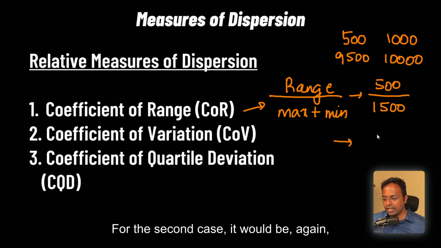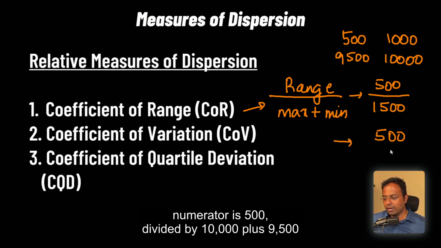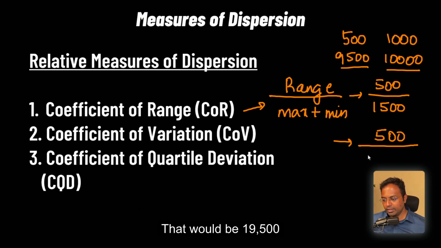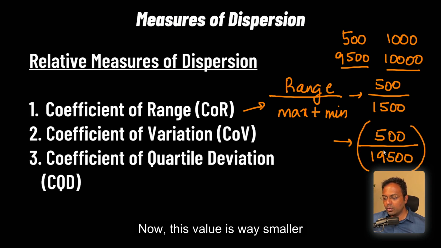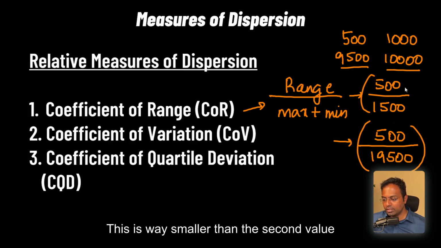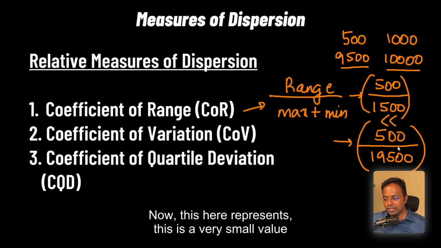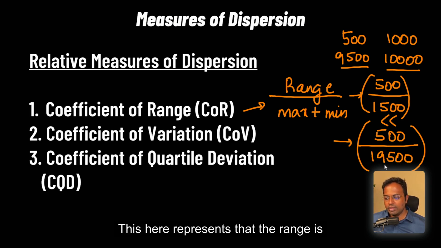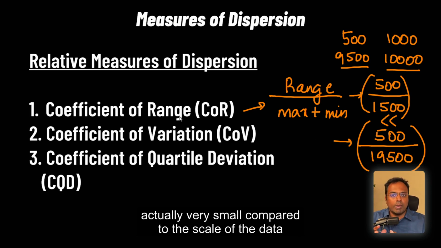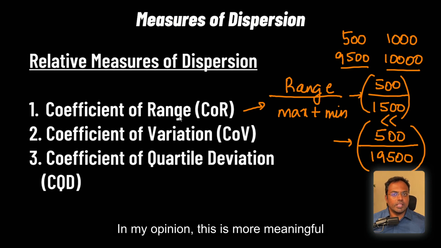For the second case, the numerator is again 500, divided by 10,000 plus 9,500, so that would be 19,500. Now this value is way smaller than the first value. This represents that the range is actually very small compared to the scale of the data. In my opinion, this is more meaningful.